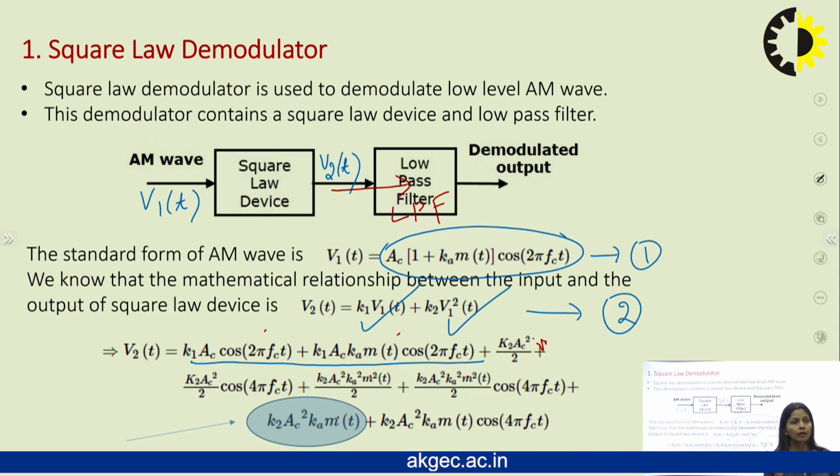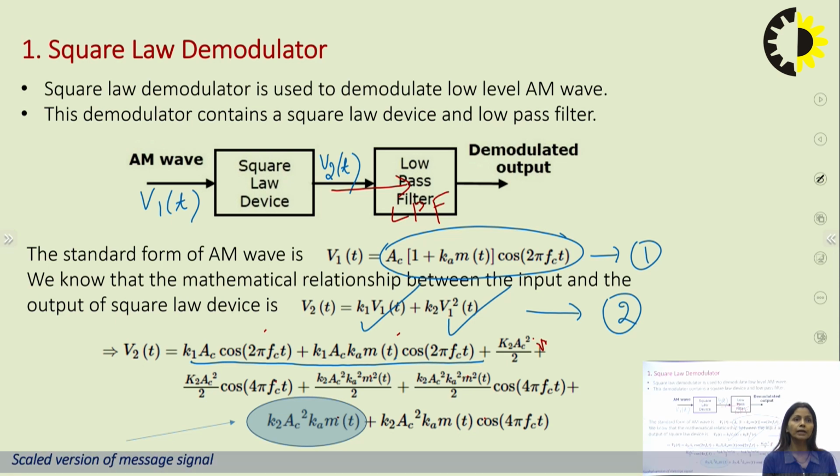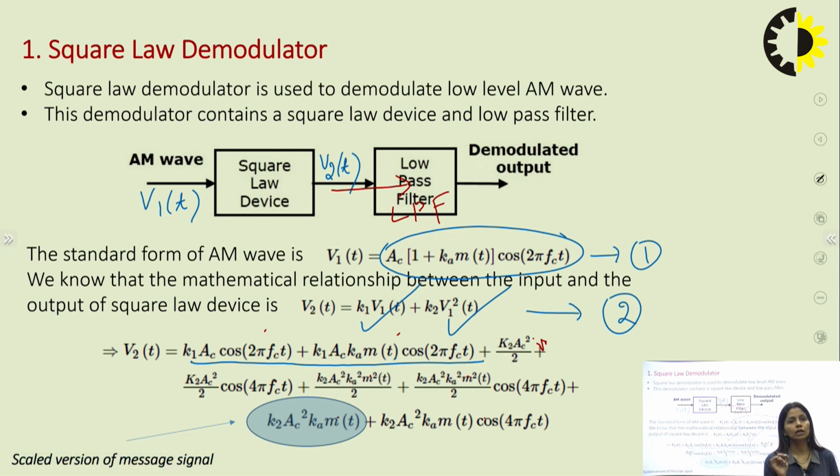Now see the terms very carefully and decide which terms will be neglected by the low pass filter and which terms will be passed by the low pass filter at the demodulated output terminal. Look at the first term.